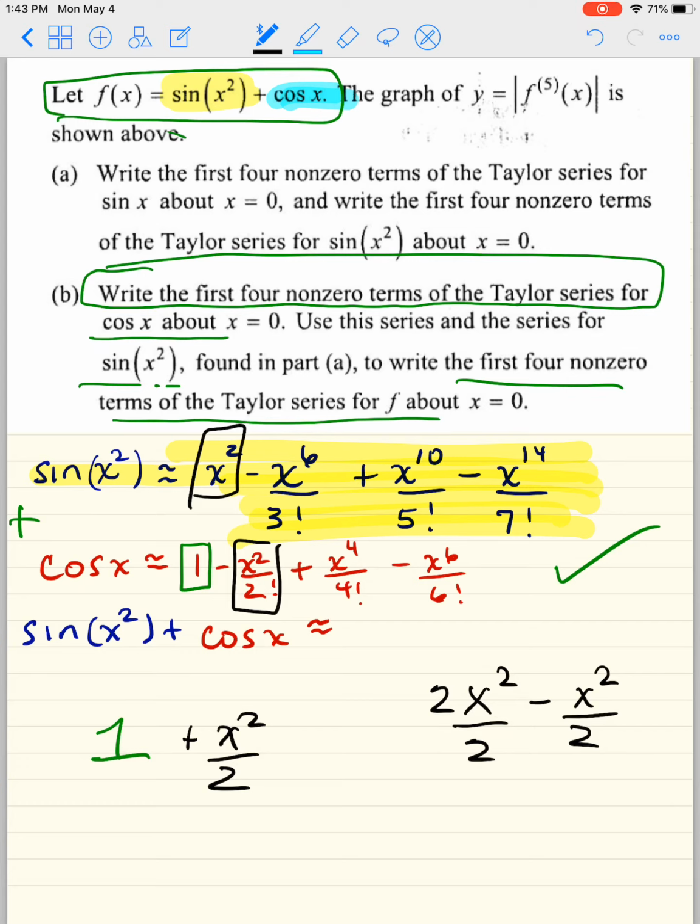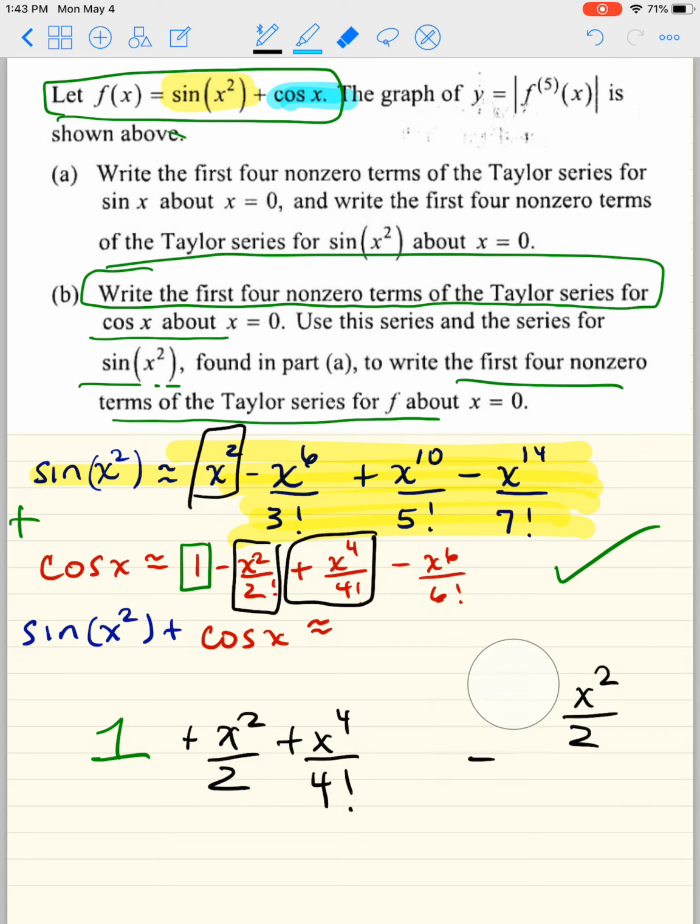So you just put them together, okay? So once that's taken care of, my next one is going to be x to the fourth. Remember, you got to take the smallest exponent first when you are doing the terms. X to the fourth cannot be combined with anyone, so I'm just going to put them as a standalone.